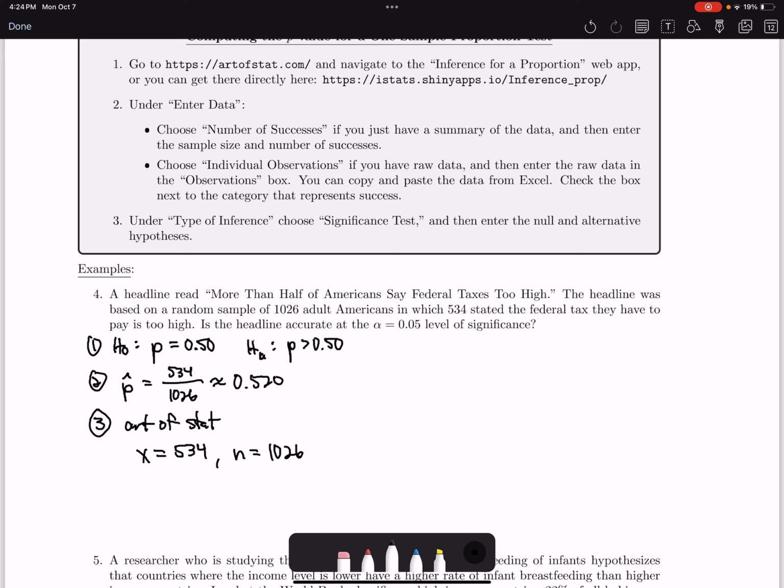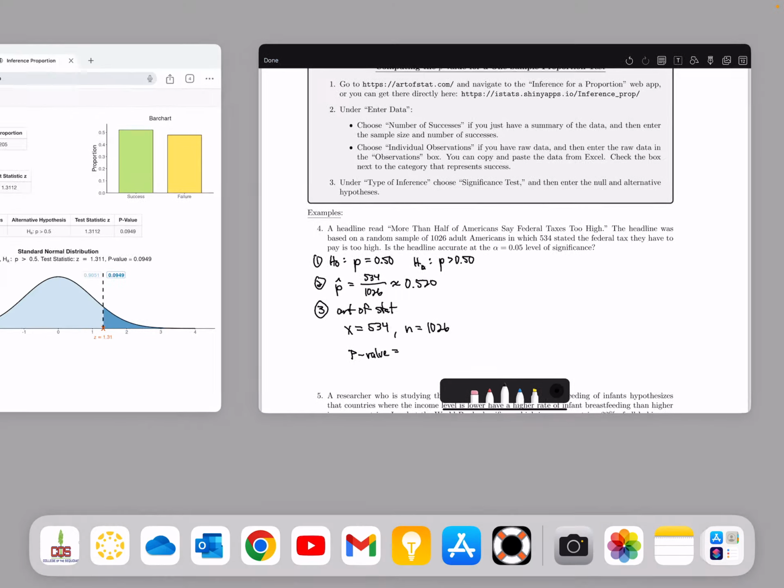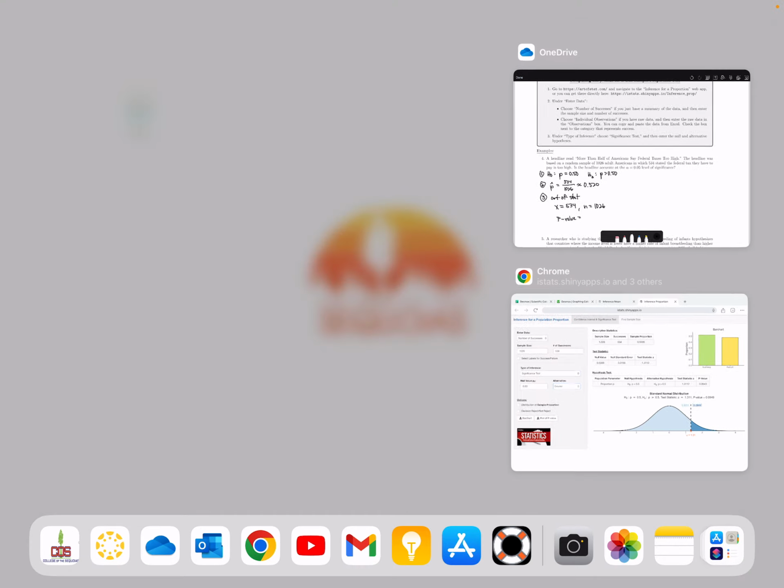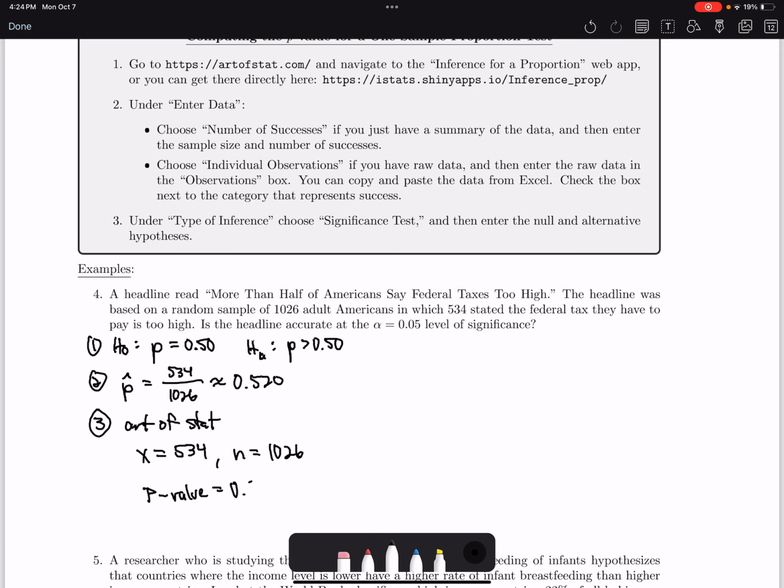And then we got a p-value, 0.0949. Well, 0.0949 is not less than 0.05. So we do not reject H null.